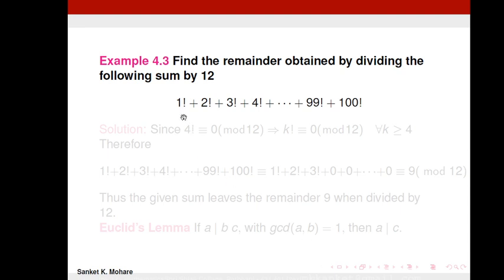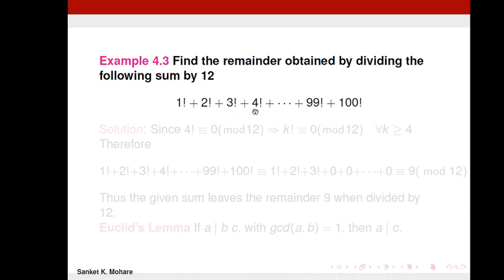So here we should know, n factorial means what? N factorial means n multiplied by n minus 1 multiplied by n minus 2 and so on up to 1. So for example, 3 factorial is equal to 3 multiplied by 2 multiplied by 1, which is equal to 6.